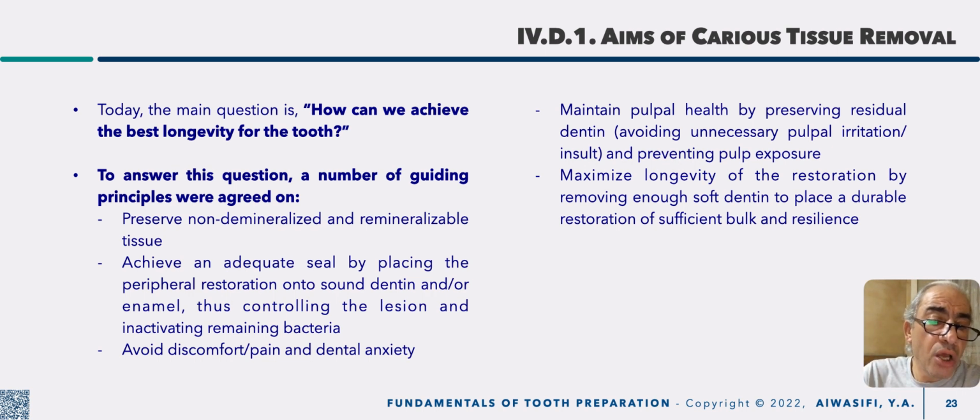Number two, you are intended to achieve an adequate seal by placing a peripheral restoration into sound dentine and sound enamel. Then, when you are discussing remove or not to remove, your walls and margins are out of this debate. It's a general rule. No debate, no discussion about it. The margins of your restoration should ensure adequate seal.